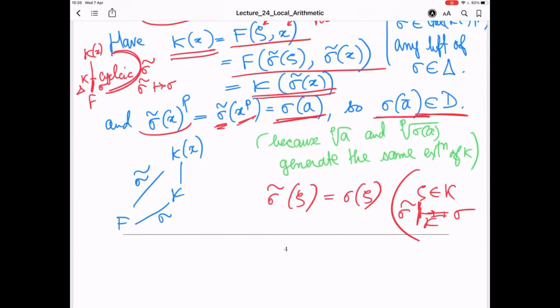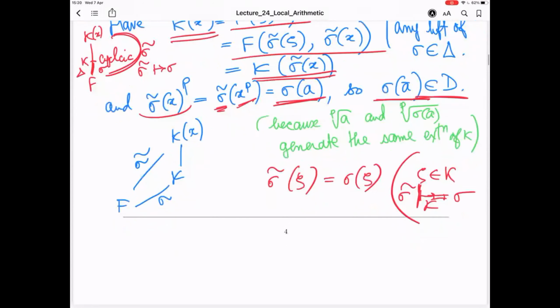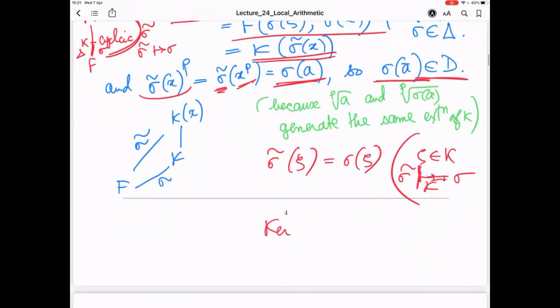Why is that? Because what's the kernel of L star modulo L star to the power p, where L is K(x)?